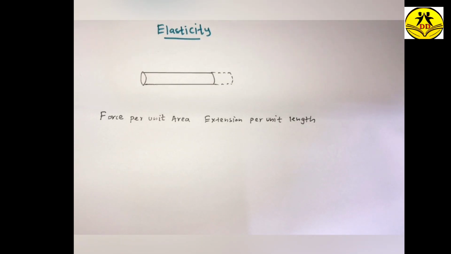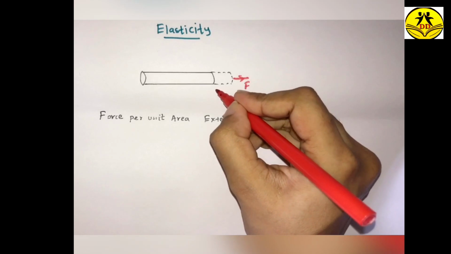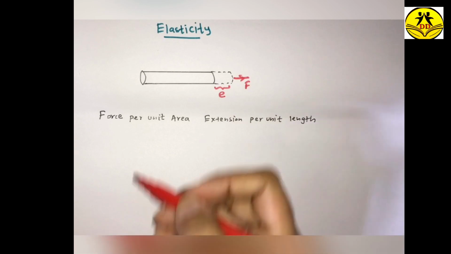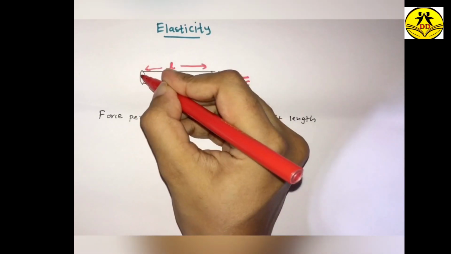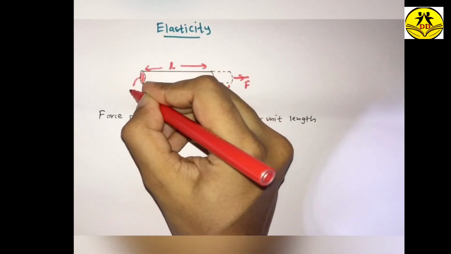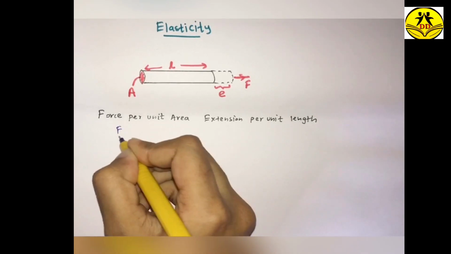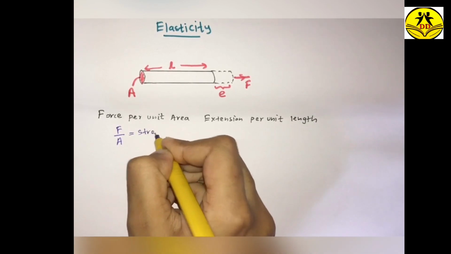Let's take a material like this. When a force F is exerted, it will show an extension, a change in length of simple E, and this is the original length of the material, and the cross-sectional area, let's take it as capital A. So here the force per unit area, that is F divided by A, this is called stress.